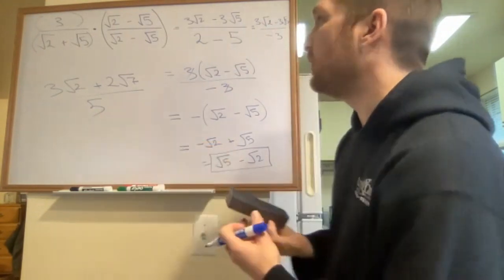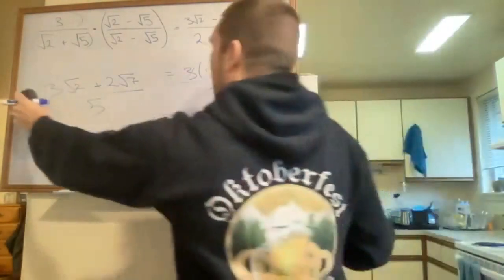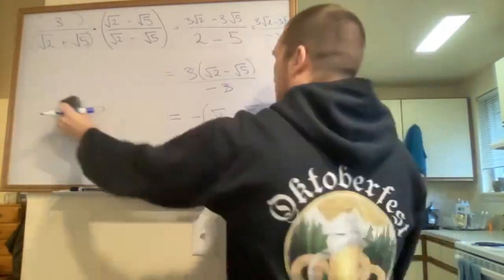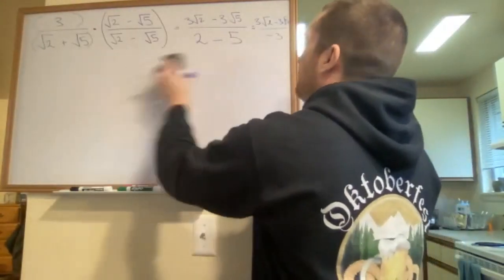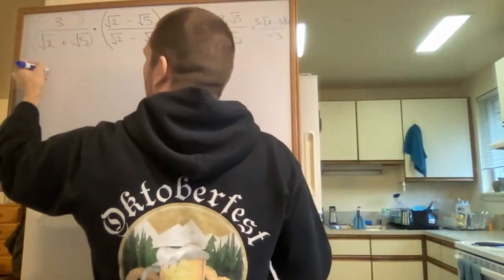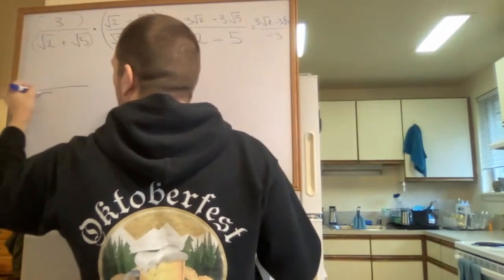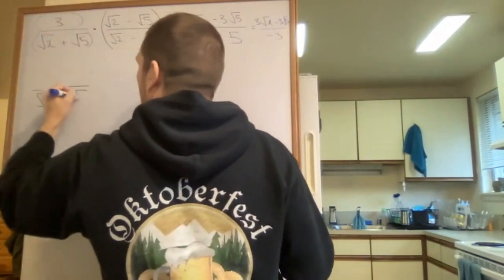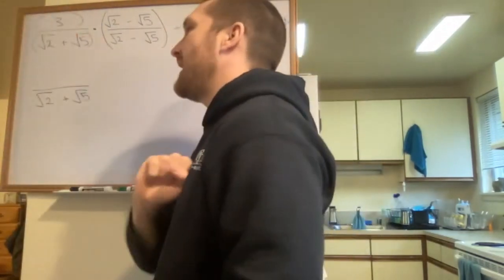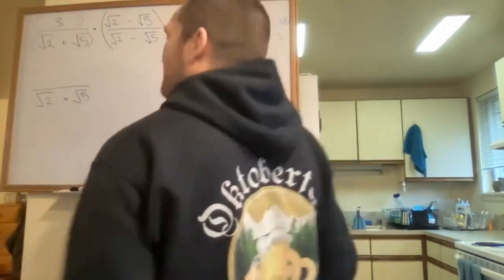In your homework, you're going to have stuff with the only difference being that, instead of just one number on top, you're going to have a sum or a difference of numbers.